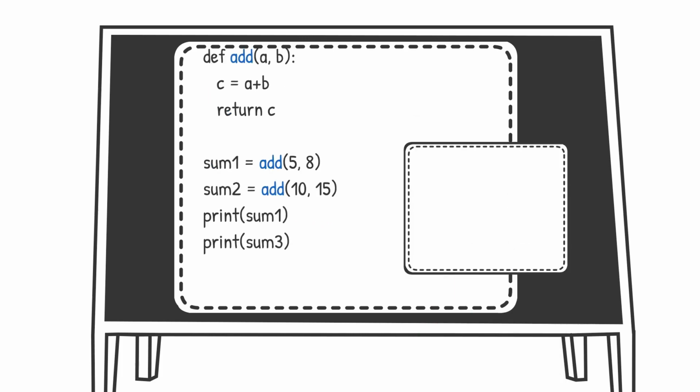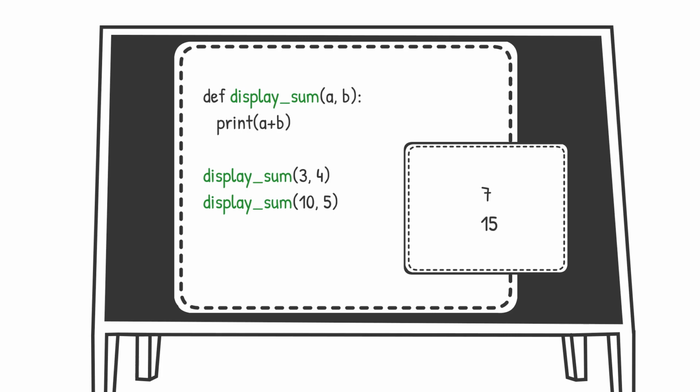In this example, we are invoking the same add function multiple times with different input values and then saving the returned value from the function in separate variables and then printing them out. It is not necessary for every function to return something. In this example, the display sum function does not return anything, but instead prints out the computed sum.